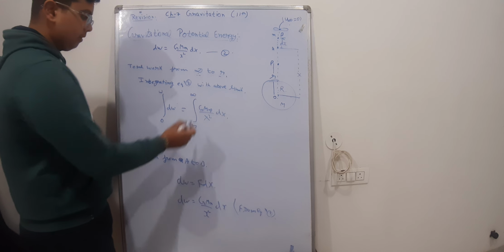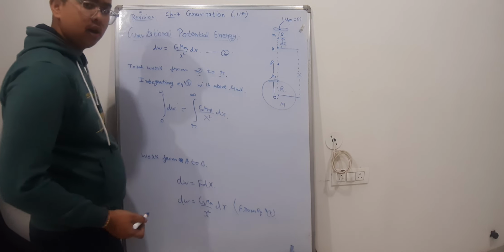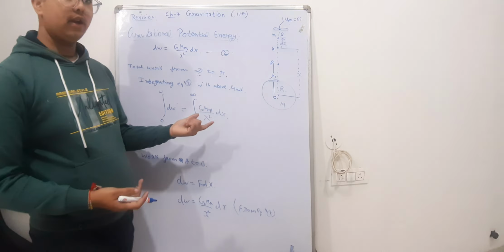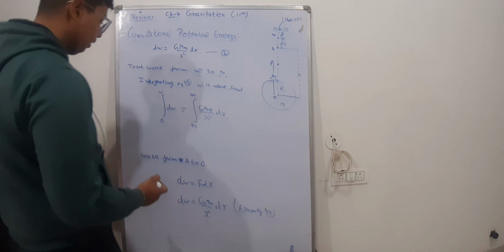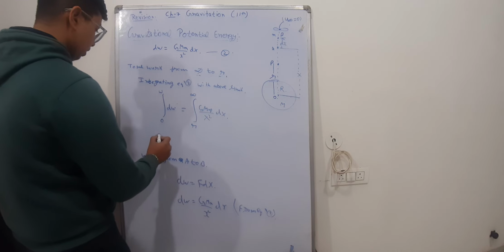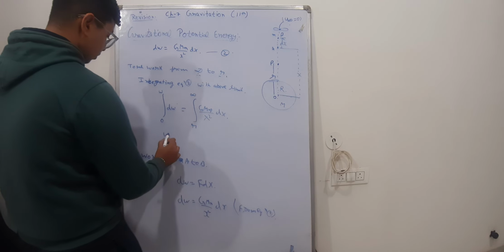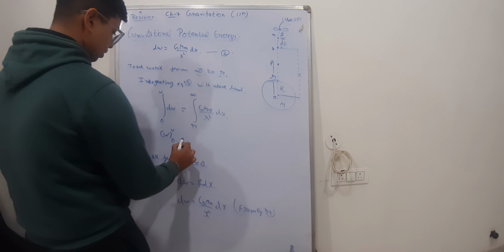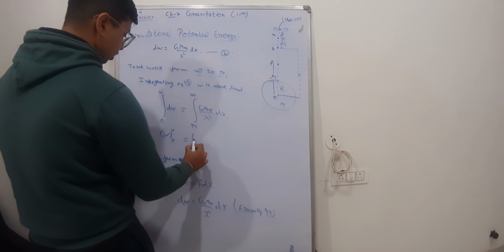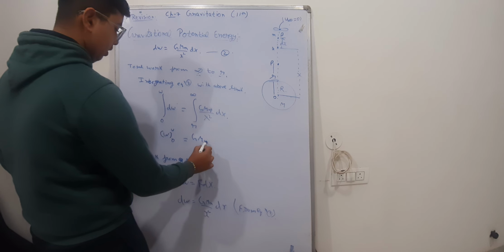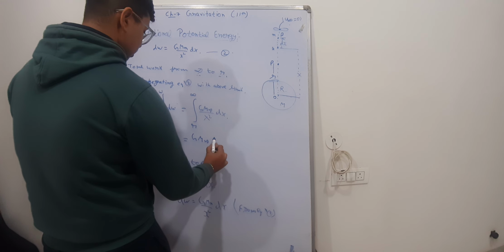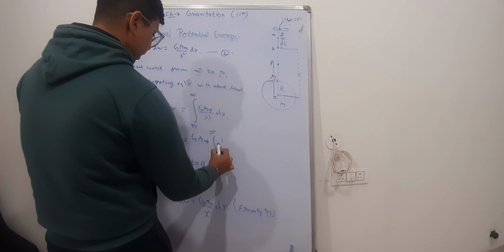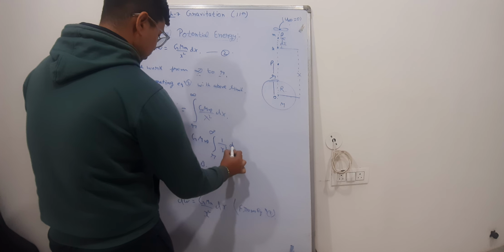Now G, M and small m are constants in integration. Constant values come outside the integral sign. So we integrate dW from 0 to W, with G M m taken as common, and inside it is the integral from r to infinity of 1 upon x square dx.